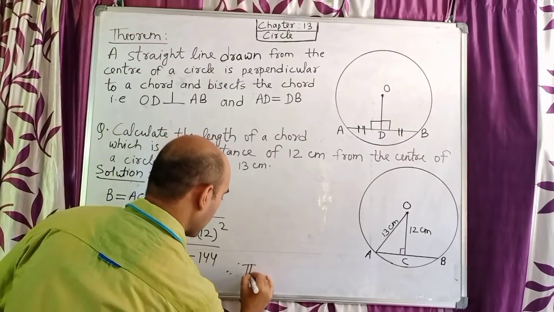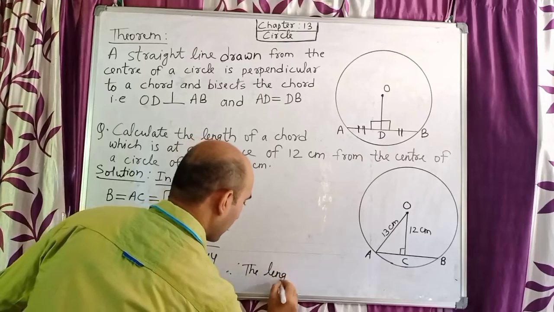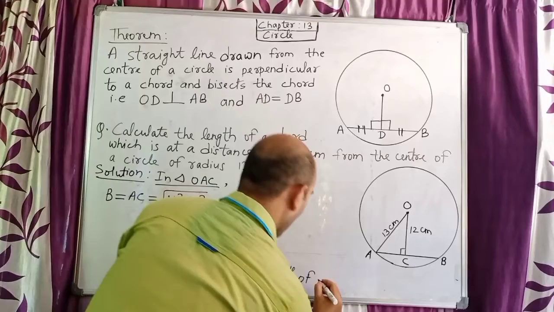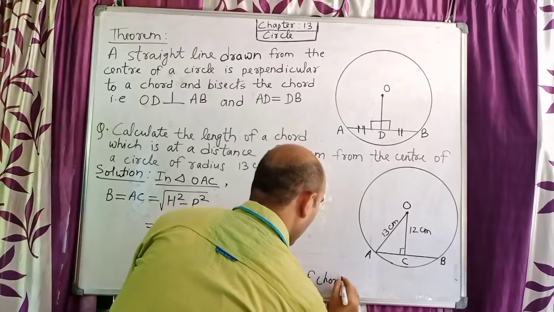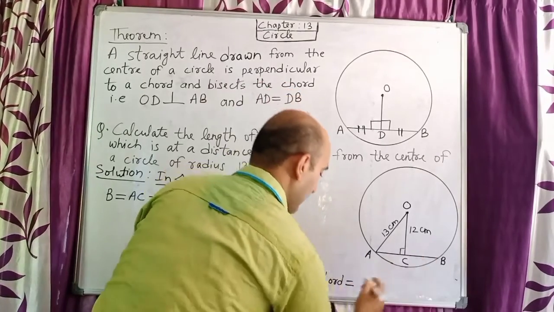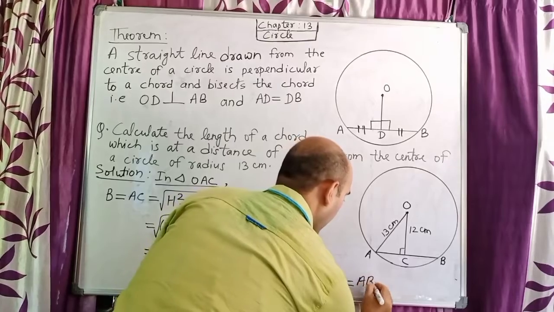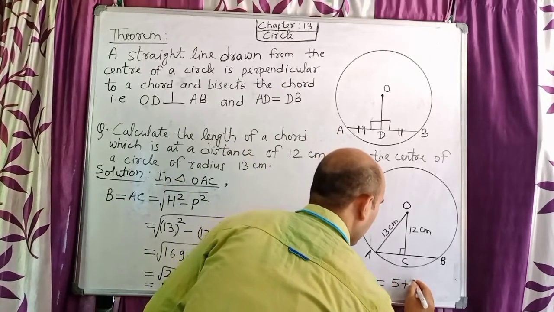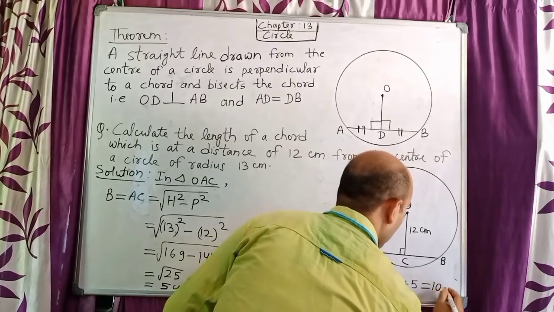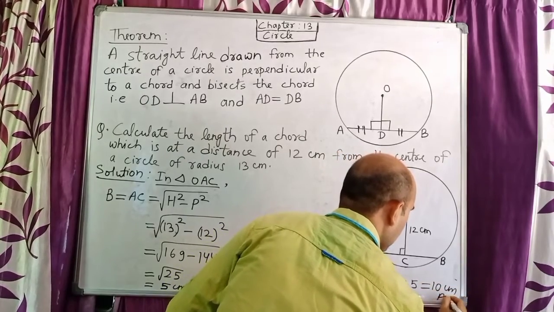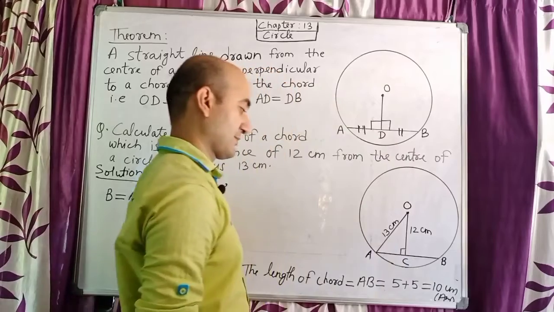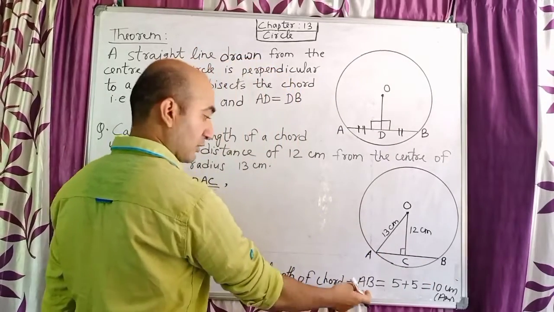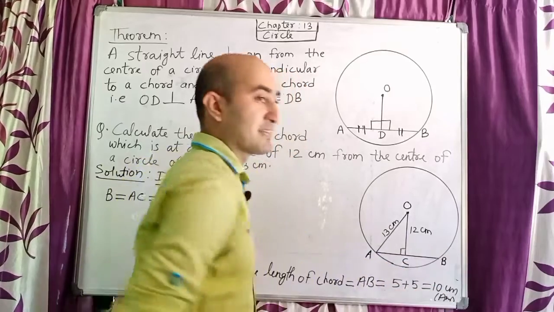Therefore, the length of chord AB, its value will be 5 plus 5, and it is equal to 10 centimeter. This is my answer. So this is 5, this is 5. If you add both, then my length of chord AB will be 10 centimeter.